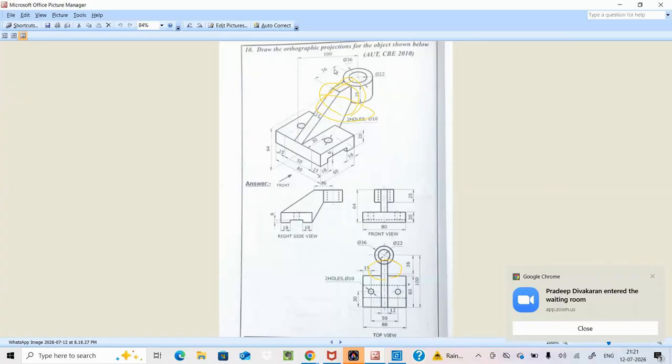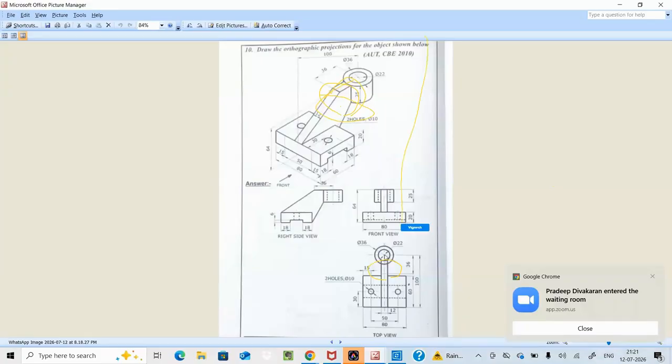So if you see in the top view, this 36 will be visible, sir. This dotted line will be visible. So that is the reason they have given us 36 mm here. There is a dotted line, but maybe he cannot see it. So that's why he is asking you. Yes, sir.